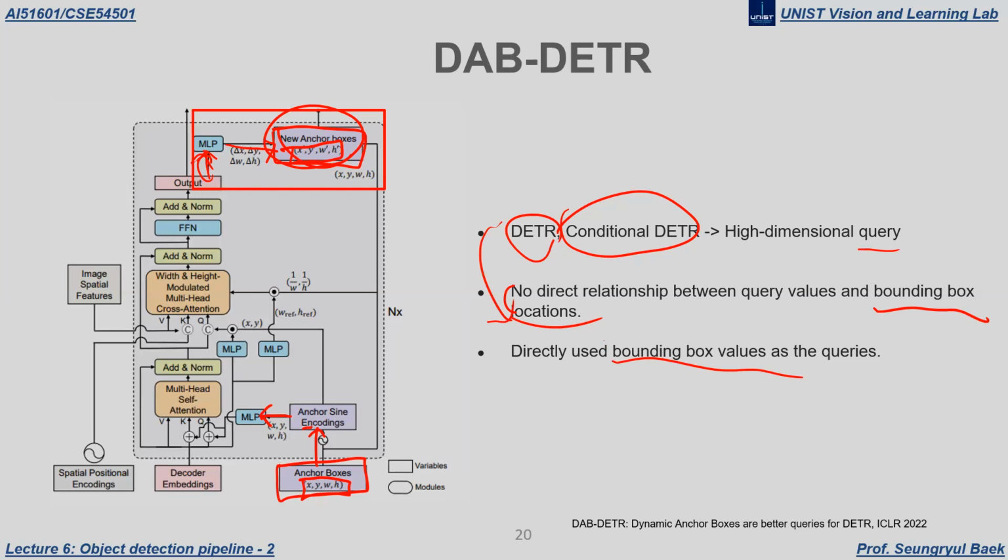Previously, the query values did not have a direct relationship to the bounding box location, but now, because we use the coordinates of the box in the spatial encoding, they are directly related. That's the merit of Depth DTR.